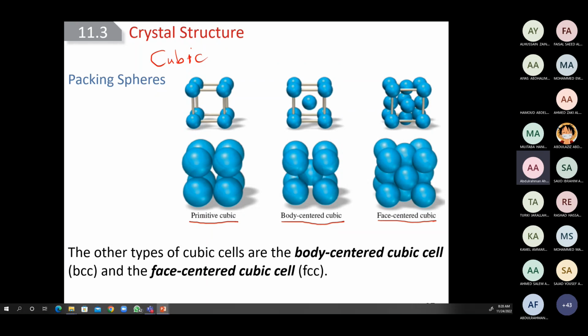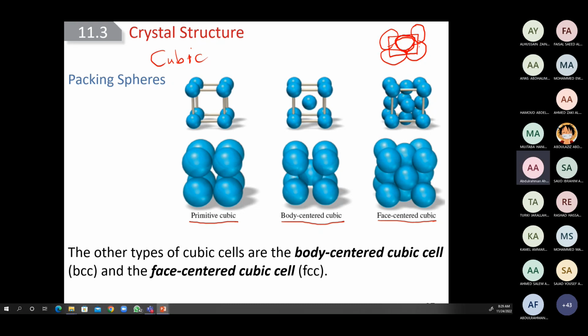In the body-centered cubic, there is one atom inside, in the middle of the cube. And in the face-centered cubic, if this is one face, there is 1 atom, 2 atoms, 3 atoms, 4 atoms, and there is 1 in the middle of the same face. That's called face-centered cubic. Good?